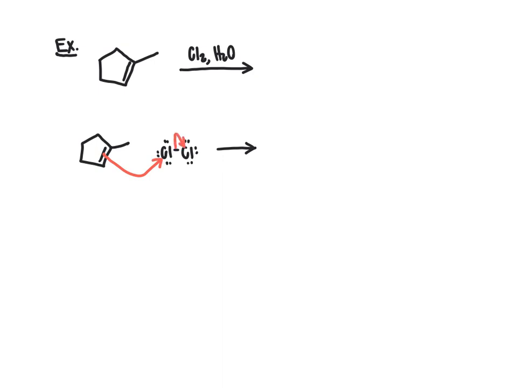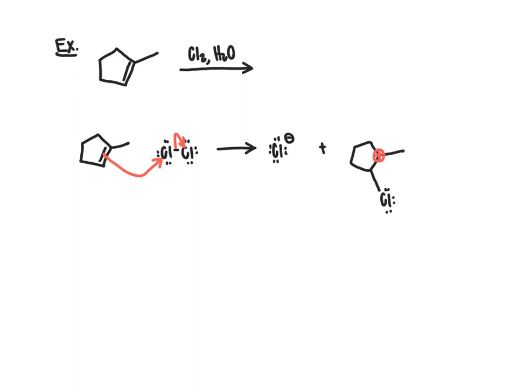The other one breaks away to give us chloride anion, as well as our resonance stabilized carbocation intermediate. So we'll go ahead and draw out our 5-membered ring, and I'm going to make the more stable situation here, which would be bonding the chlorine right here to allow us to have a tertiary carbocation intermediate right there.